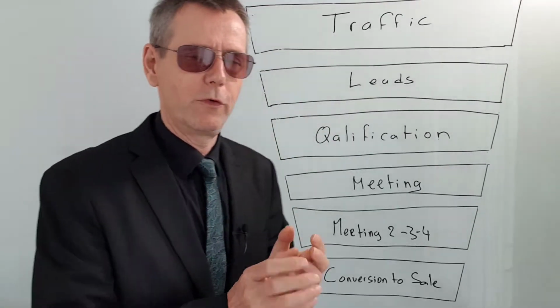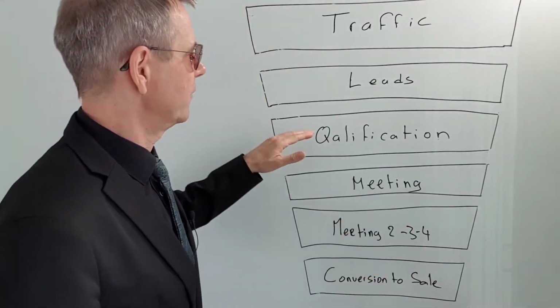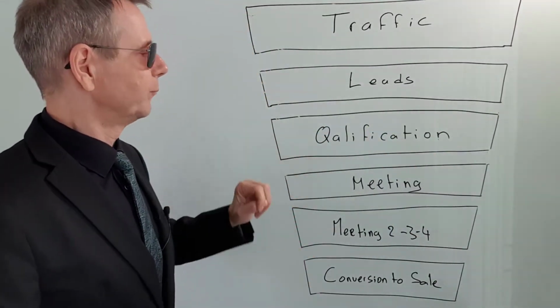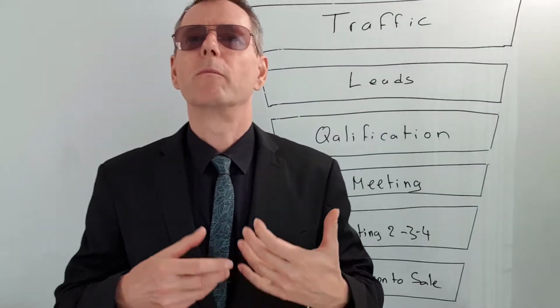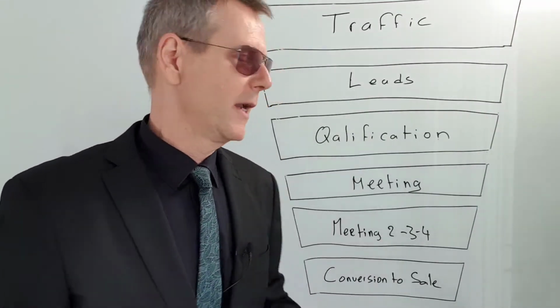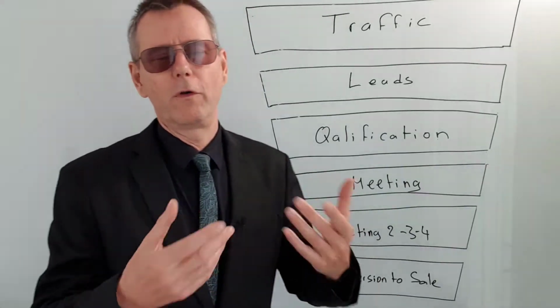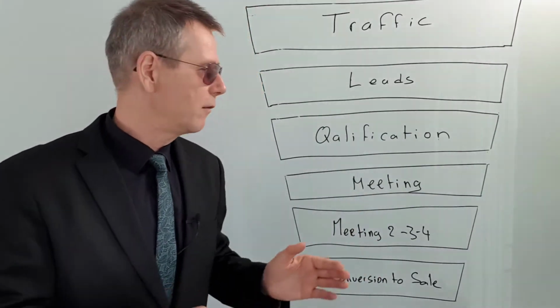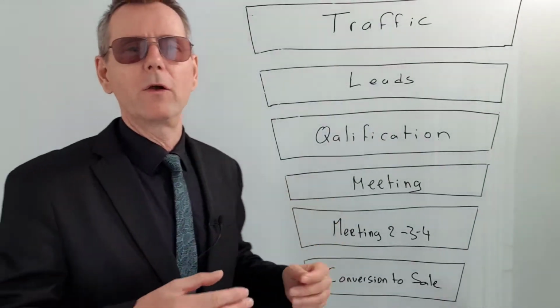Once you find out it is the right person, qualified both ways, are you a good fit, then you will arrange most probably a meeting, and that will be your first meeting. So that will be the sales meeting. From here, it will depend on your sales process.